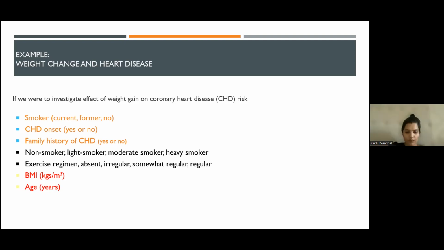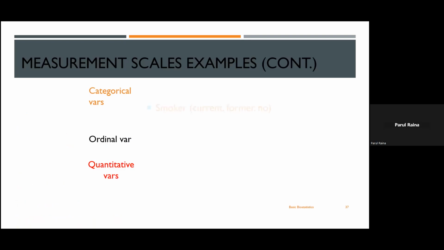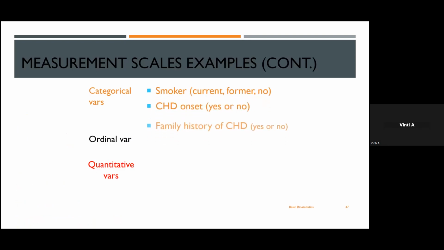Non-smoker, light smoker, moderate smoker? Ordinal. Exercise regimen? Ordinal, because you have not put numbers. BMI and age? Both ratio. Weight? Also ratio. Great, so this is what I have done.